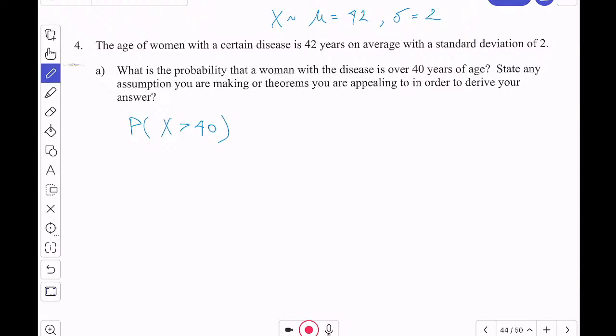So in order to answer this, you would have to assume x is normal, or even approximately normal, but you can assume it's normal. Then you can solve this. You can turn this into a standard normal and attempt to answer the question.